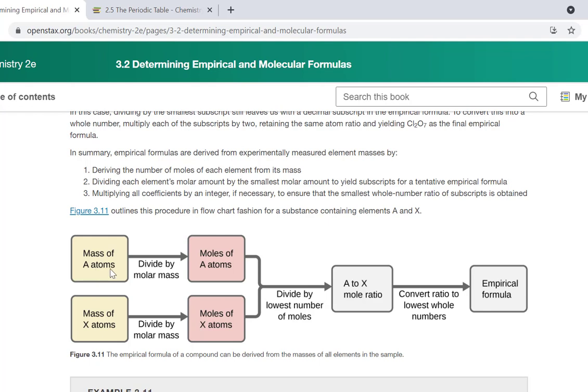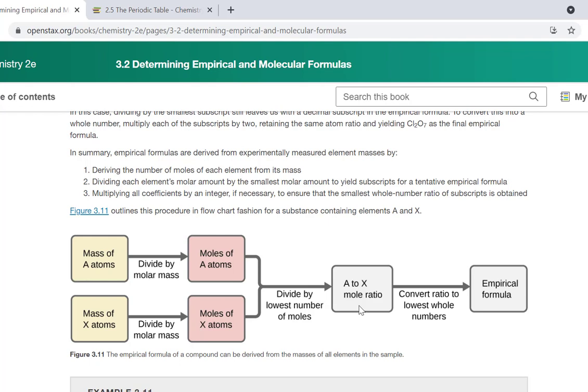You have the mass, you convert to moles by dividing by the molar mass. Okay, you do that for each one of those atoms. And then you get things in terms of moles of each atom. You compare all of those, divide by whichever is the lowest number. Okay. When you do that, you'll end up with a mole ratio.